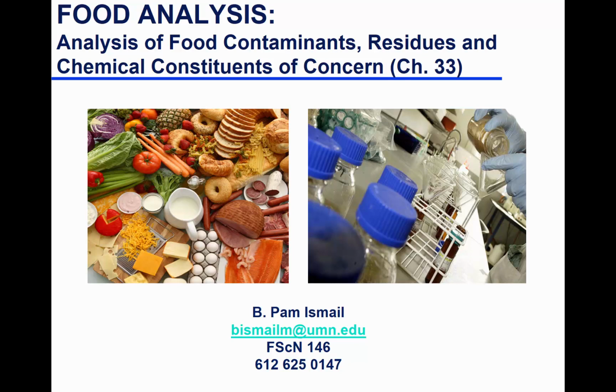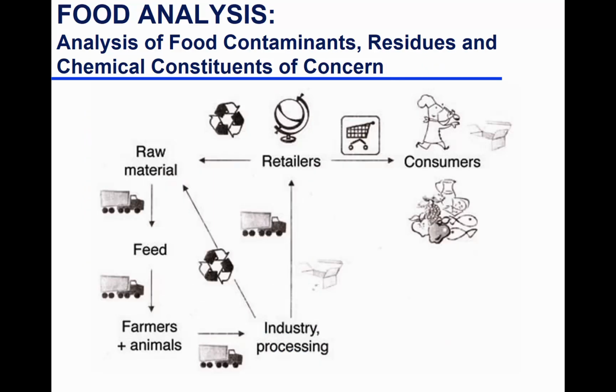So there are so many different contaminants and residues that are of concern, and they can occur at any point in the food chain, starting with the farm: animals on antibiotic, food produce and pesticides, aflatoxin or mycotoxins due to fungal growth.